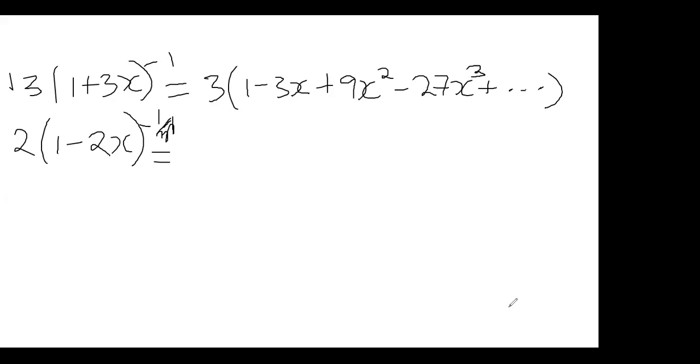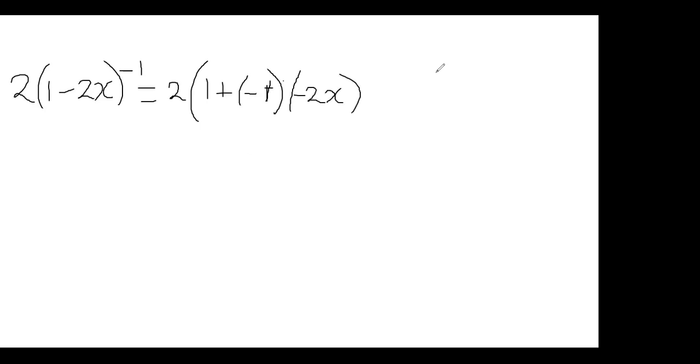This one will give us 2 outside, then we have 1, then minus -1. You have to be careful with the signs. So we're saying 2, 1 minus 2x to the power -1 is equal to 2, then we have 1 plus n, which is -1, times -2x.